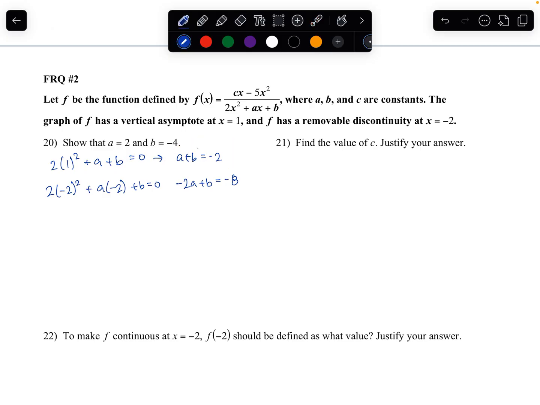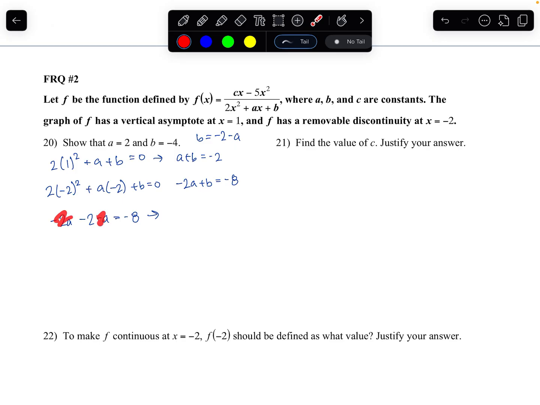So if I solve for b there, I would get b is equal to negative 2 minus a. So I'm going to substitute this right here into the other one. So negative 2a plus, or I'll just say minus 2 minus a is equal to negative 8. Now we can solve for a. From that spot right there, I could move this 2 over there by adding 2.